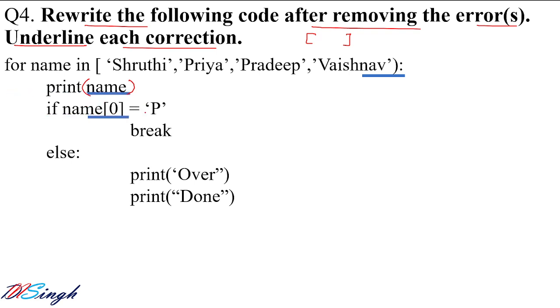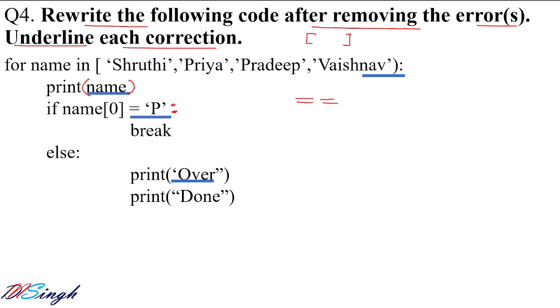In third, we have already seen that in comparison always we need to use double equal to, that is a comparison operator. And with that also, if is a block statement and we have to write colon after that; each block statement header must be terminated by colon.